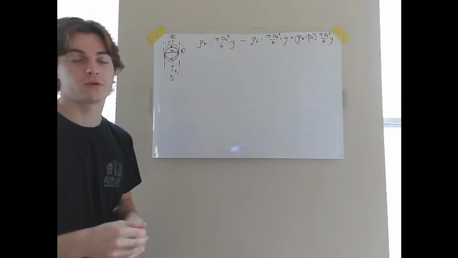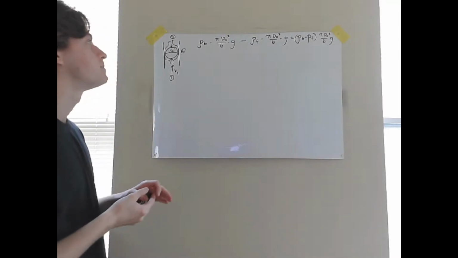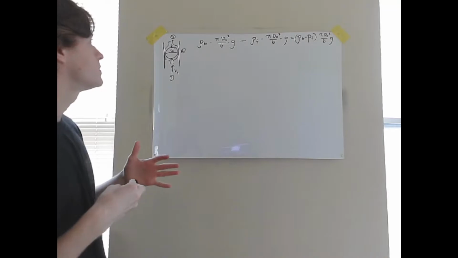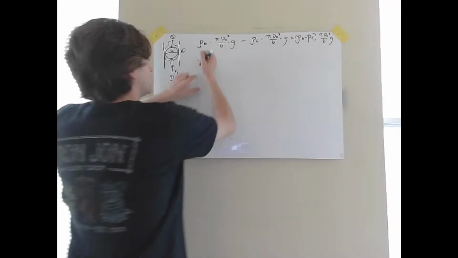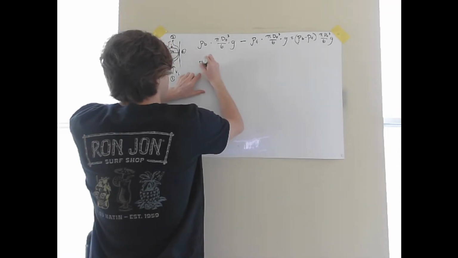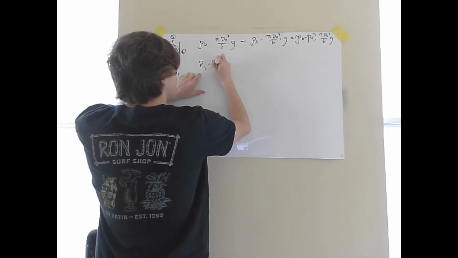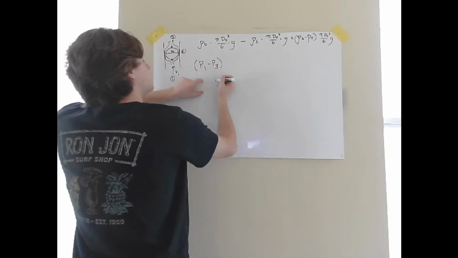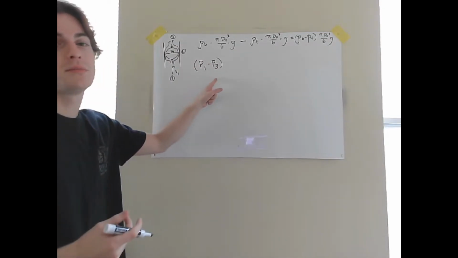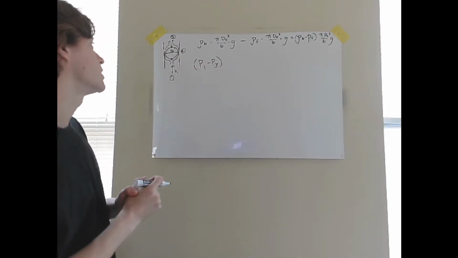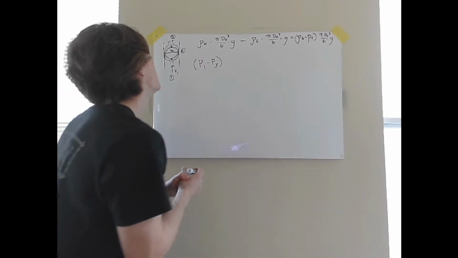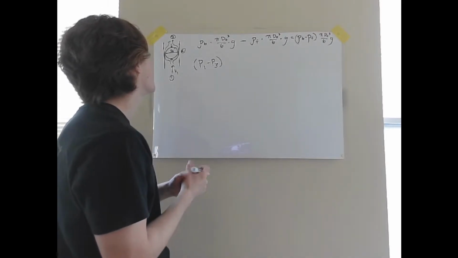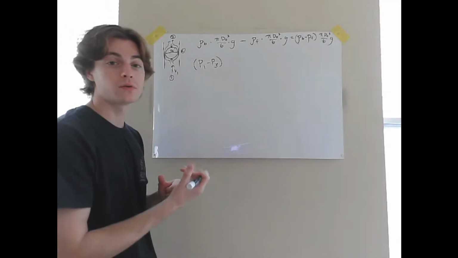To get pressure force, it's just the pressure times area gives us the force. So for our pressure force, it's just going to be P1 minus P3, which is our net pressure, times the cross-sectional area. For this, it needs to be a flat area, so we can calculate it and add up all the forces normal to it.